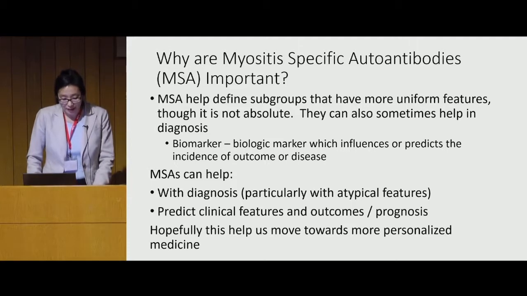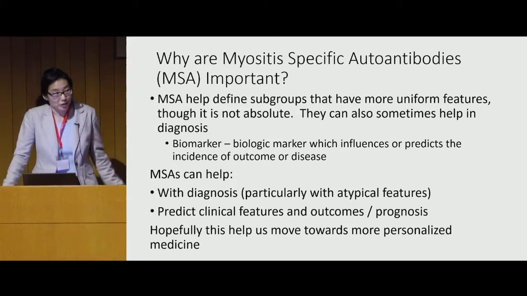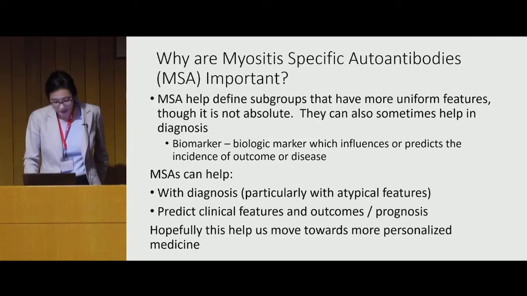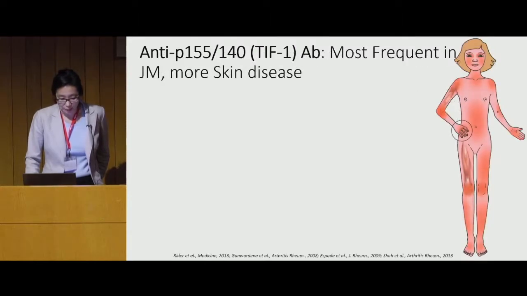In general, we're hoping that MSA can be part of an overall portfolio of what can help us personalize medicine in juvenile myositis. All right, so next we'll go through some specific examples of the MSAs.